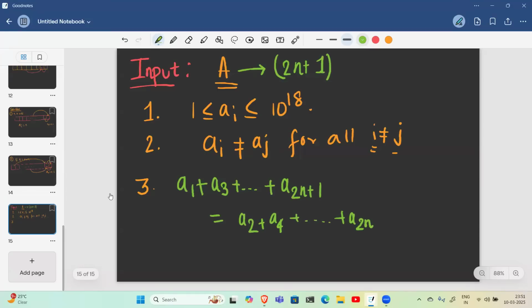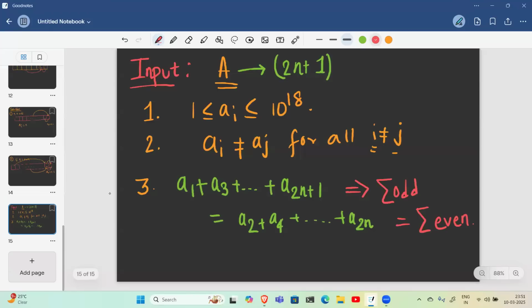So the question says that the sum of all integers at odd indices is equal to the sum of all integers at even indices.